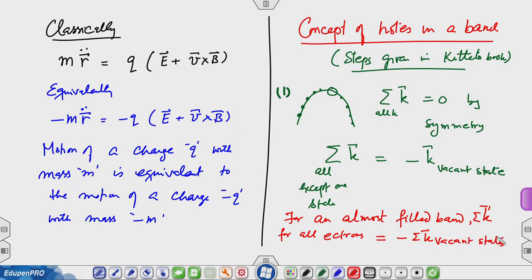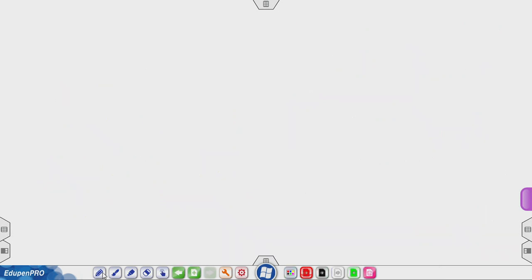So, I made this point through one vacant state, but then it goes through for the others also. Keep in mind it is very important, I am talking about a band where the sum of all k becomes 0. It is not true in free electron states, but electrons in a band. So, the k for all the electrons can be written as minus the k of the vacant state. If the number of vacant states is less, it is easier to count, may as well work in terms of vacant states. That is the philosophy. Point number 2.